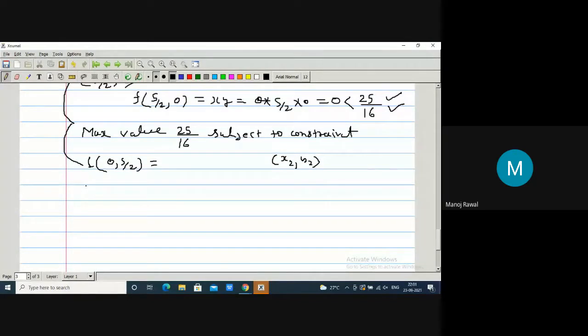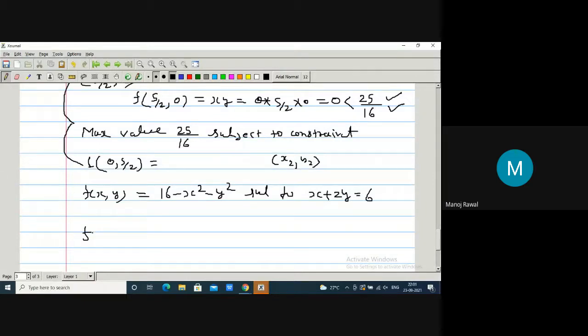Please try the following example at home, students. f(x,y) is equal to 16 minus x square minus y square, subject to x plus 2y is equal to 6.